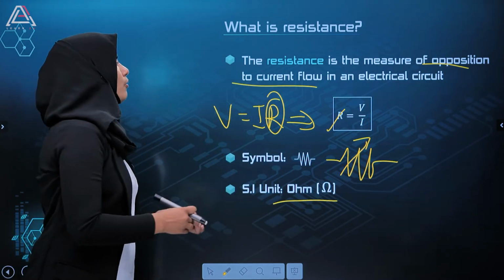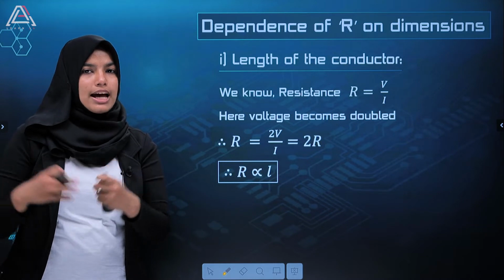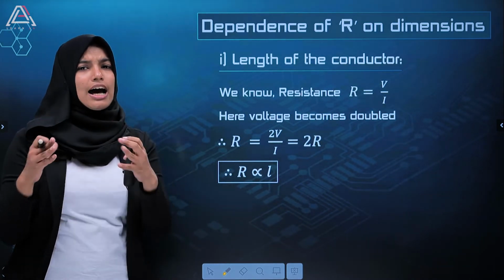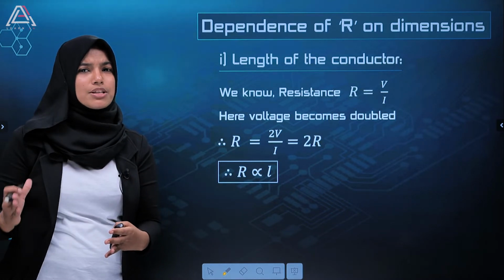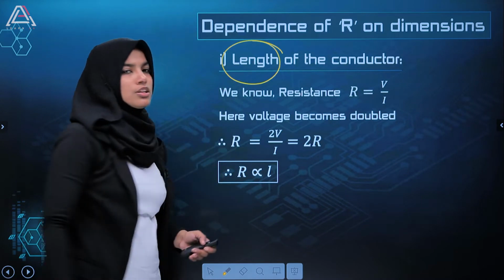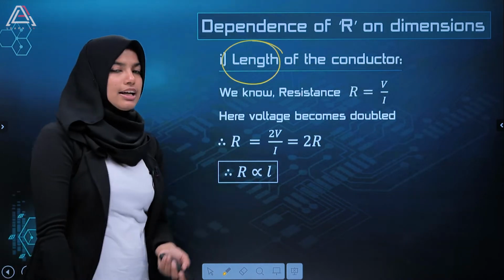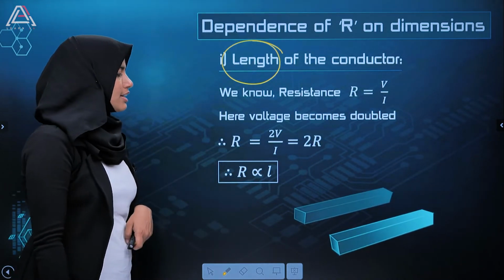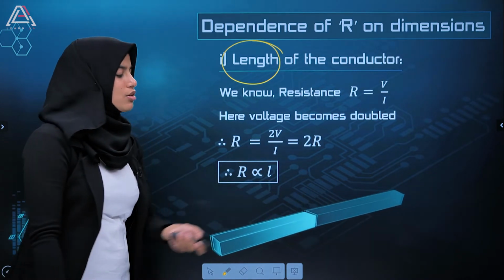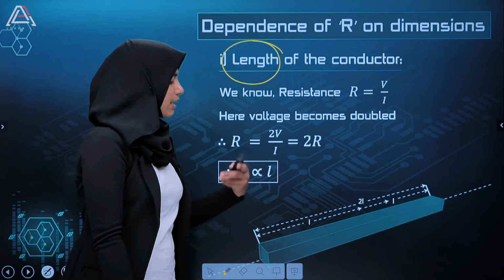Now we know from the previous video that R, the resistance, depends on the dimensions of the conductor. Number 1, it depends on the length. Consider I am taking a conductor and I am increasing its length by twice. Then its voltage will also increase by twice.